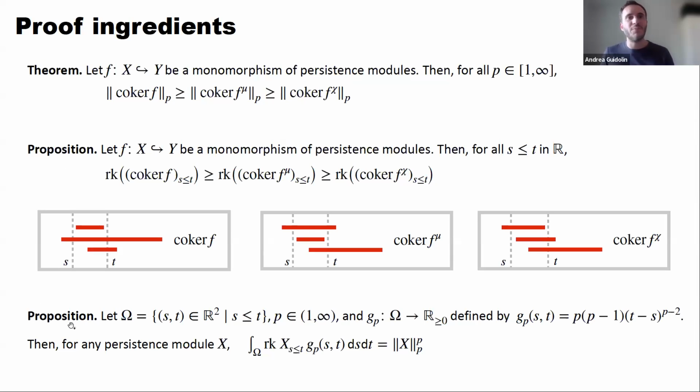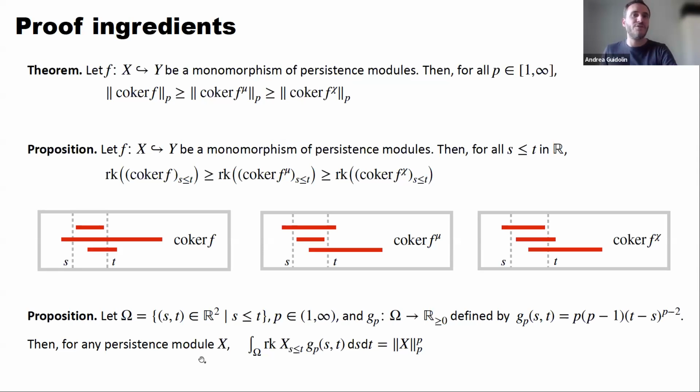And then there's another proposition that says the following. Let omega be the set of pairs of real numbers such that the first one is less than or equal to the second one. Fix some p between 1 and infinity, and consider a function g_p defined on omega by this expression.